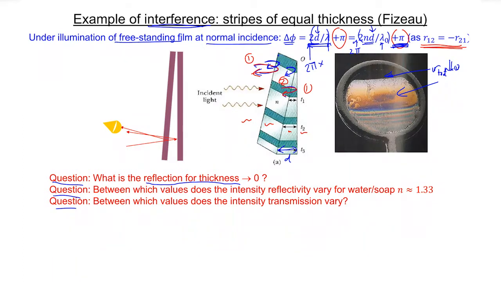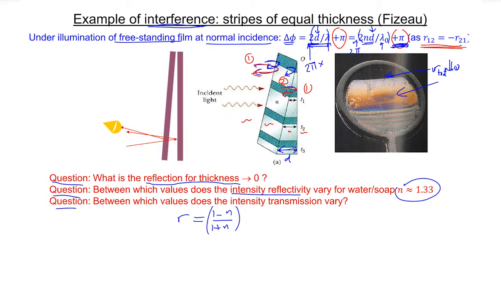A second question you might ask is, between which values does the intensity reflectivity vary for water soap? That, of course, depends on the refractive index of the water soap, which is 1.33. What you have to use is the equation: the reflection amplitude R is 1 minus n divided by 1 plus n.